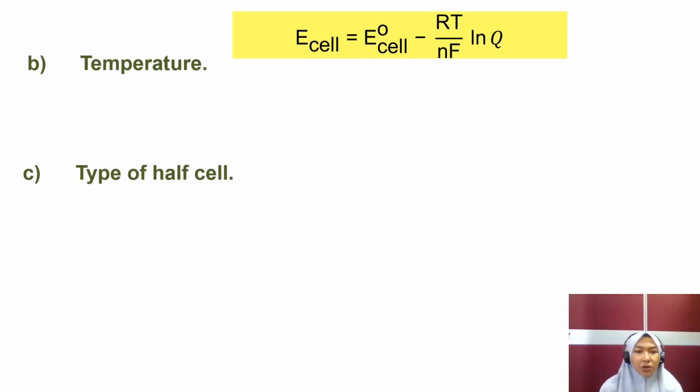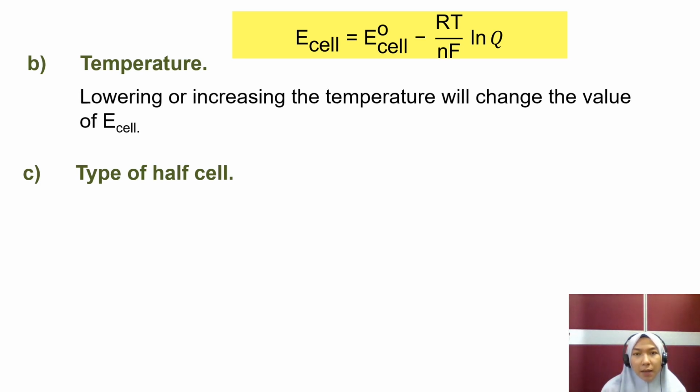Another factor affecting the E cell is temperature, because there's T in the equation, and the type of half cell, because the type of half cell will affect the value of E naught cell. So we go through the second factor. Lowering the temperature will change the value of E cell.